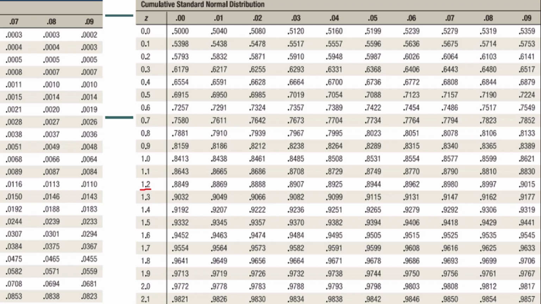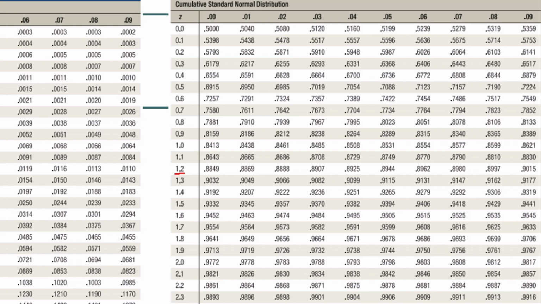So the labels of the columns are for the second decimal value, while the header of my row gives me the whole number and the first decimal value. So 1.2, together with the 0, the intersection of these two is gonna be the area to the left of 1.2.